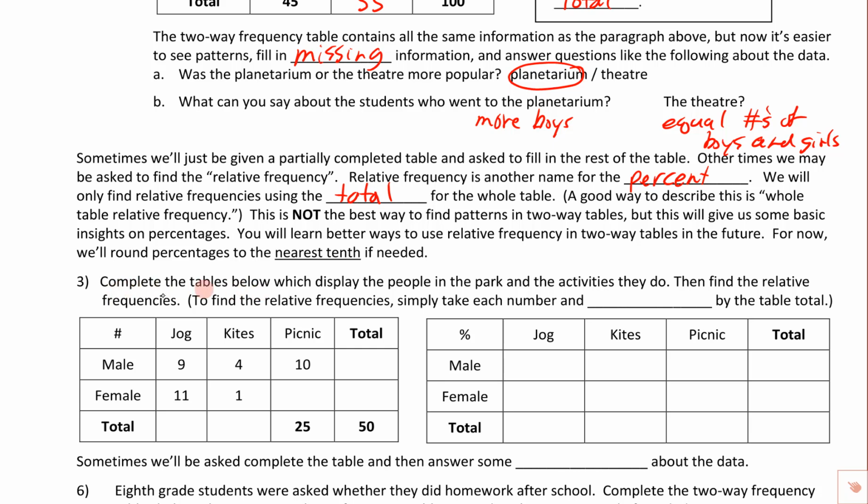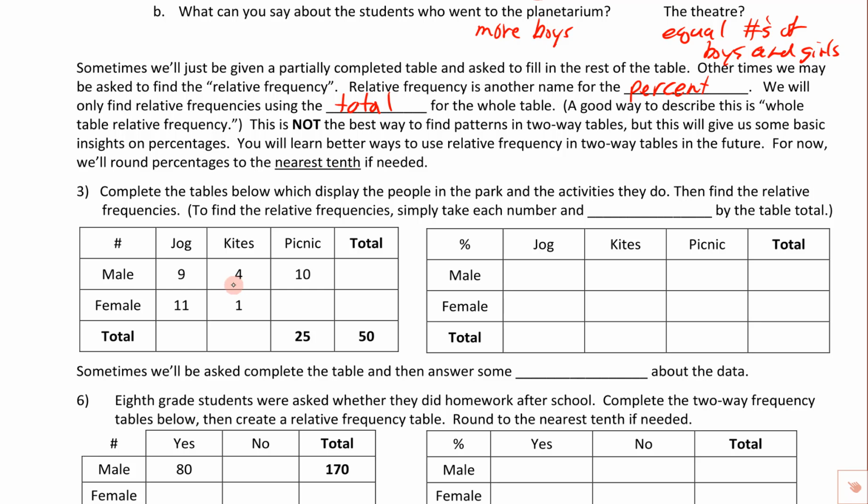So as we take a look at problem number 3, and this is just like the one on your assignment, you'll notice that we have two frequency tables. This one has a number, so this is just the frequency, how often this occurs, and over here we've got a percent. To find the relative frequencies, all we're going to do is take each one of the numbers and divide by the table total.